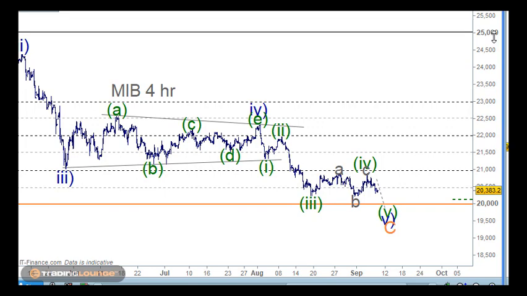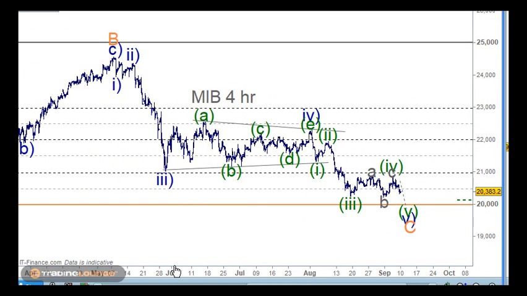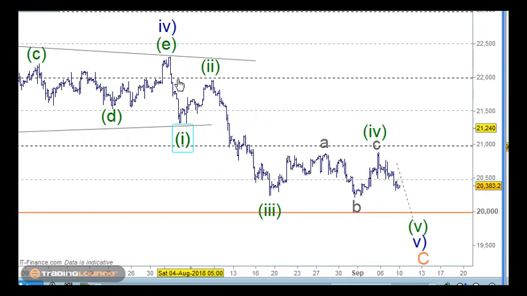So looking at 1 and 2 and 3 and all the way for 4 over here, and coming down from wave 4 here, we've got wave 1 and 2 and wave 3 here, and then an A wave, a B wave, and a C wave for wave 4.